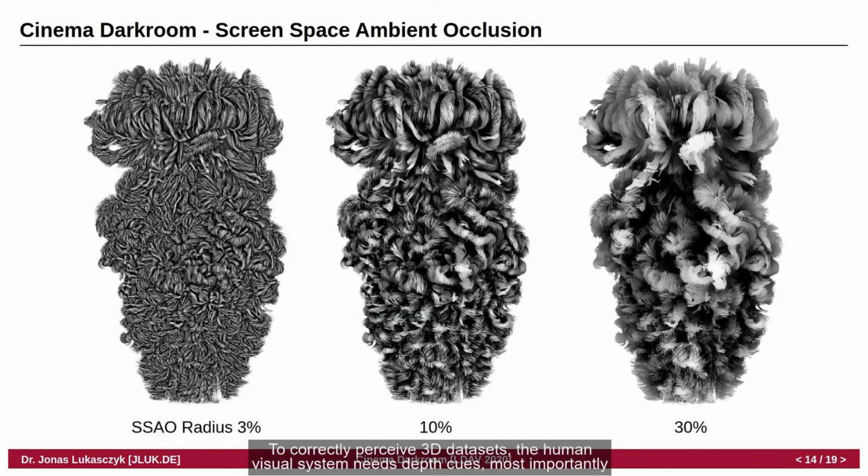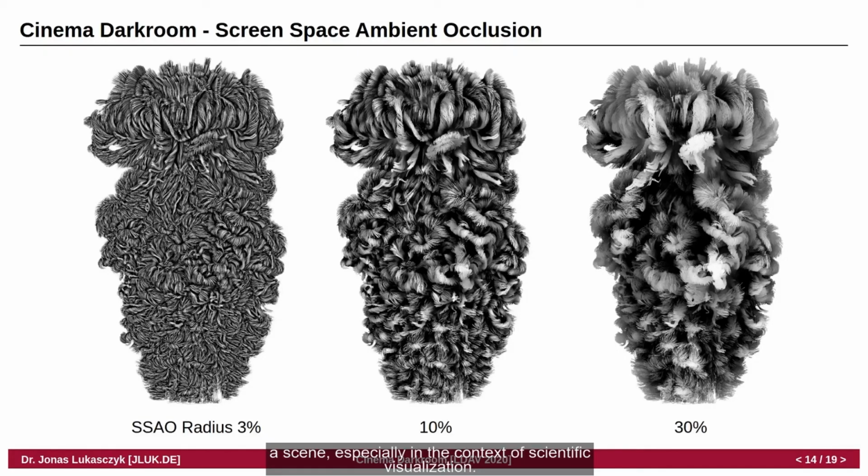To correctly perceive 3D datasets, the human visual system needs depth cues, most importantly in the form of shadows. However, correctly lighting a scene is very tricky, even if one can perform the complete rendering interactively on a desktop machine. In recent years, path tracing techniques have been established as an excellent tool to light a scene, especially in the context of scientific visualization.